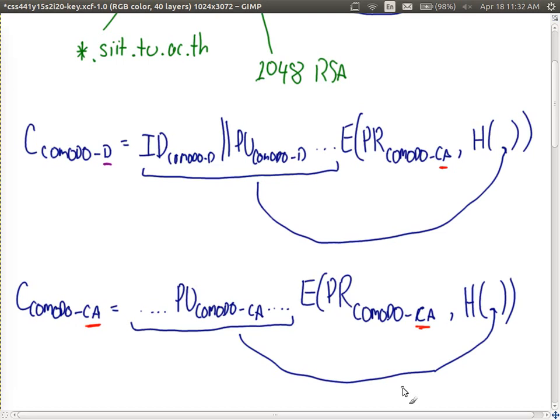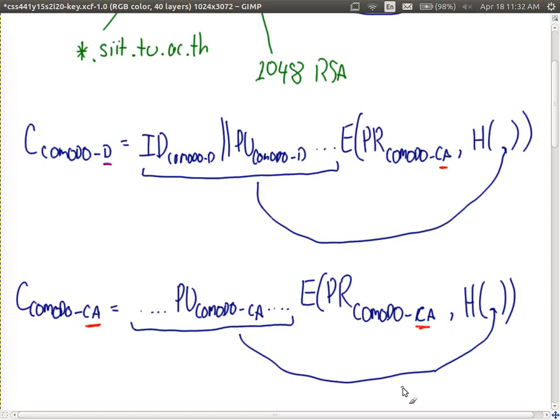But at some point we must stop at the top level. At some point we must implicitly trust someone. And that's what we have here. This is called a root level authority. We trust Komodo CA. That is, we have their self-signed certificate. We trust it is the correct one.